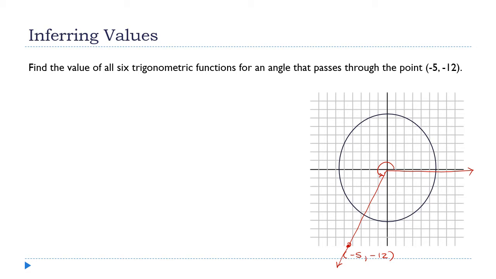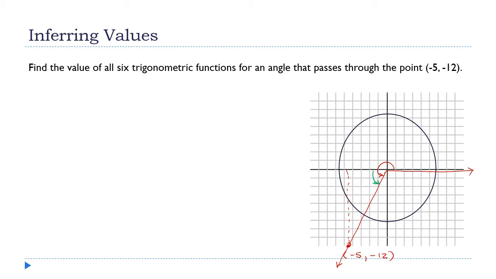I can still answer these questions because if I draw my right triangle, I have this reference angle here, and I know that the sine, cosine, and so forth of the angle I'm looking for are going to match those of this reference angle, give or take a negative sign.